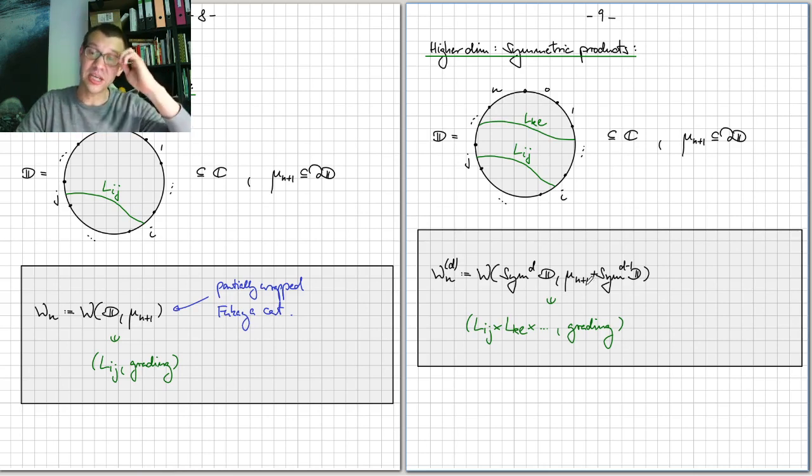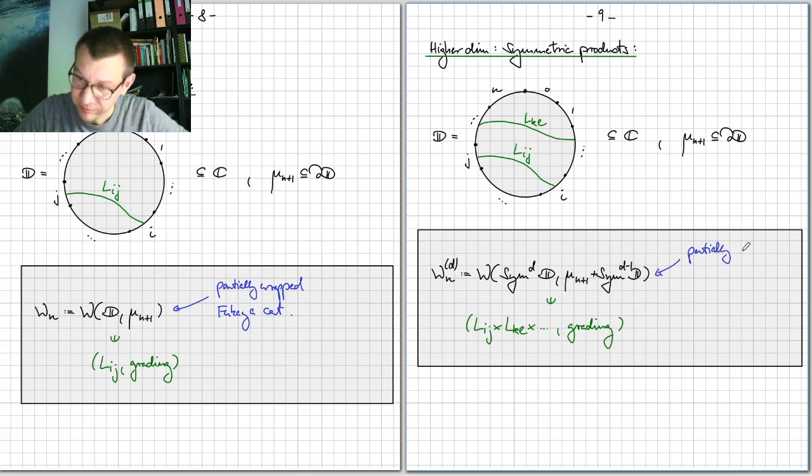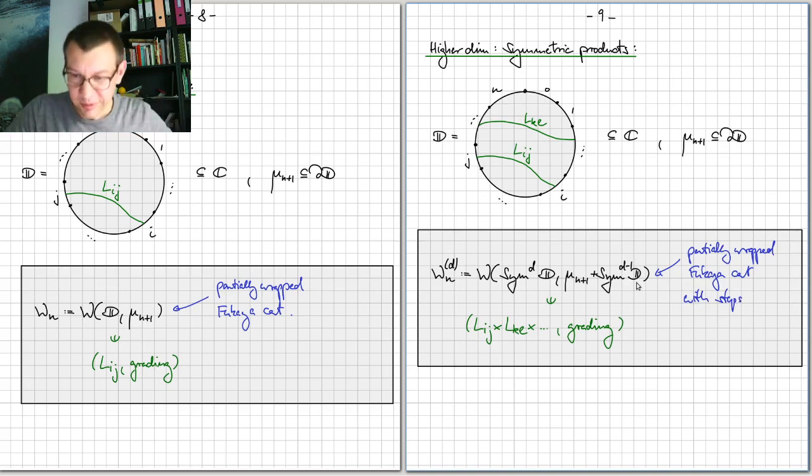But what's going to be interesting is that there's a certain collection of stops at the boundary, and so this is again going to be a partially wrapped Fukaya category, where there's a certain collection of stops. So what are these stops?